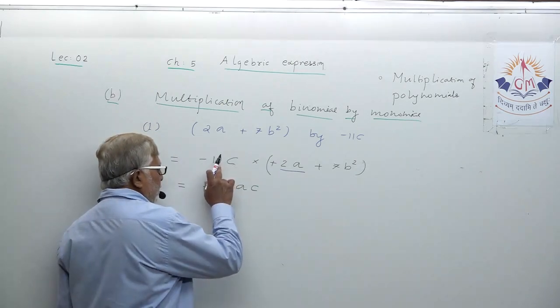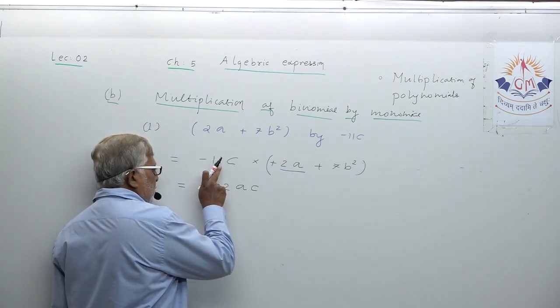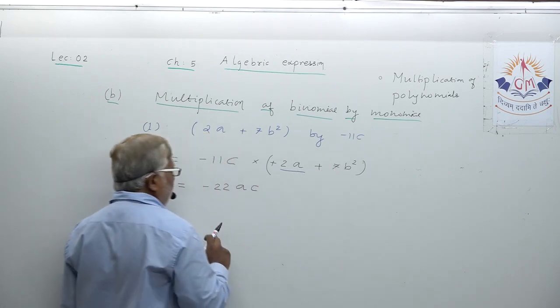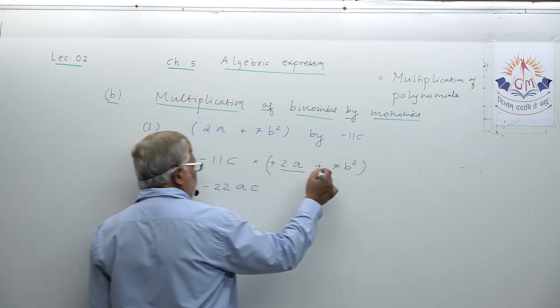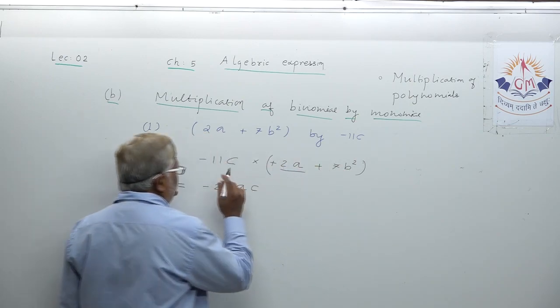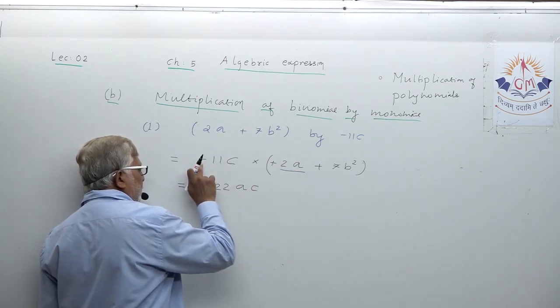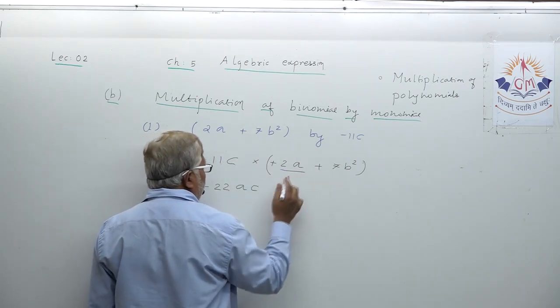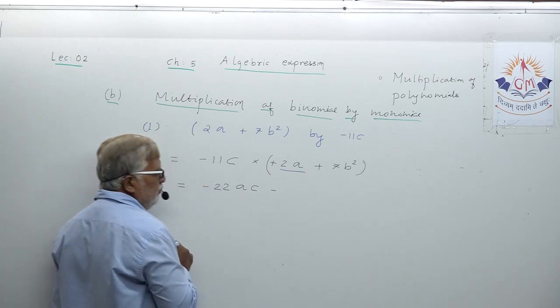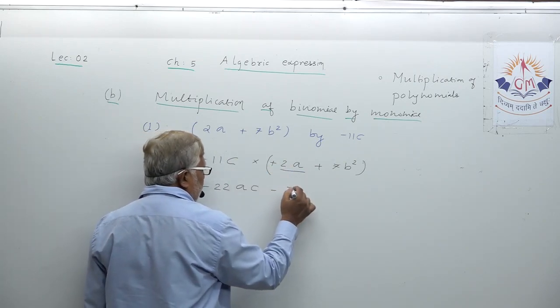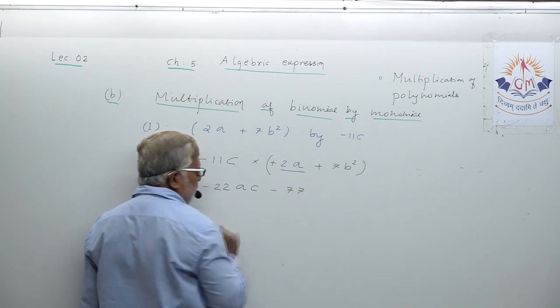Now you have to target multiplication of minus 11c with 7b square. So now your target has to be this. See, dear student, now forget this. Now minus times plus is minus, 11 times 7 is 77.